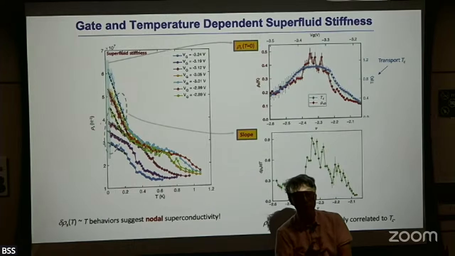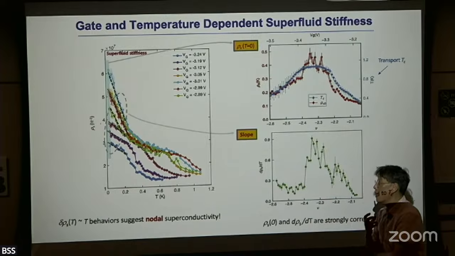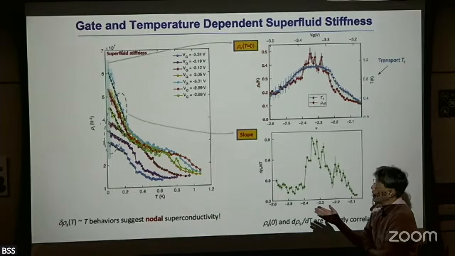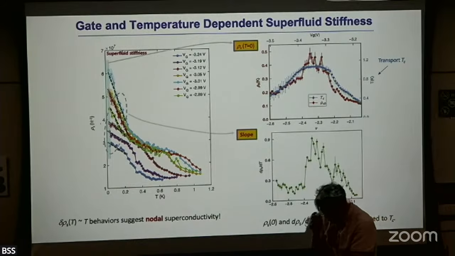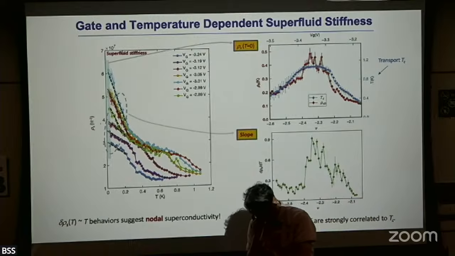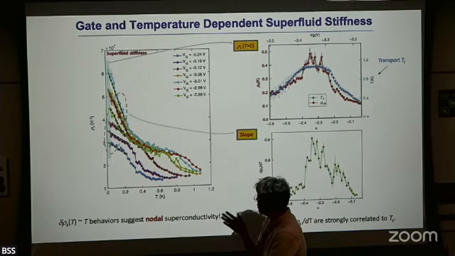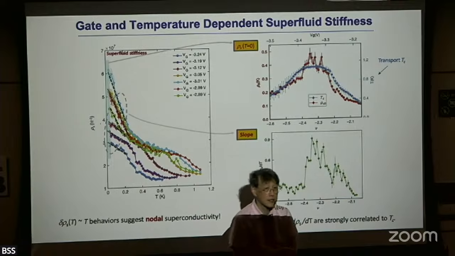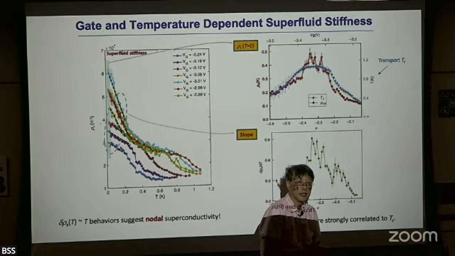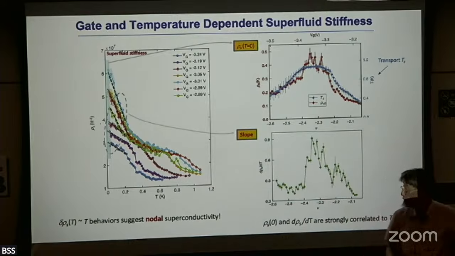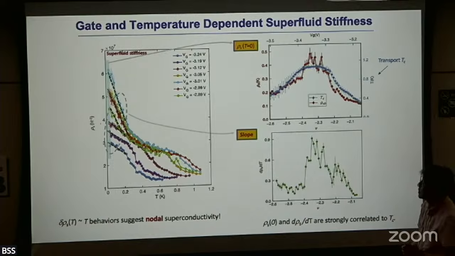You can just refer to the superfluid stiffness of the 2D superconductor, and we measured the superfluid stiffness of trilayer graphene as a function of temperature and gate voltage, such that we can present how the superfluid stiffness changes across the superconducting dome of the doped correlated insulator. That's basically where I stopped.